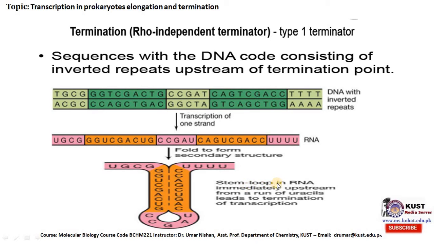stem loop in RNA immediately upstream from a run of uracils leads to termination of transcription. So folding to form secondary structure, this stem loop in RNA immediately upstream from a run of uracils leads to termination of transcription.